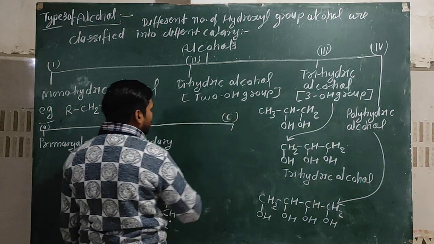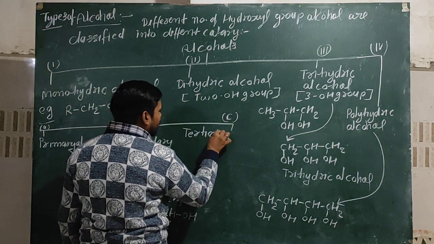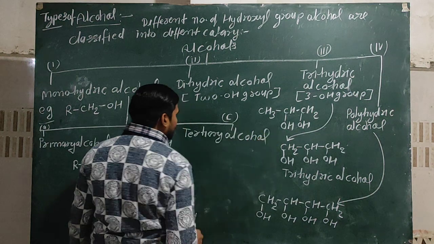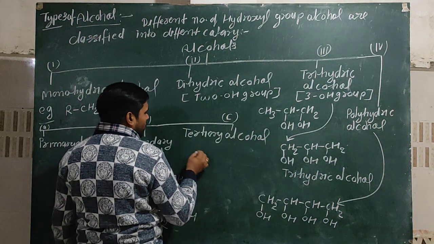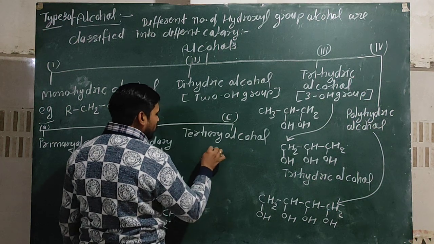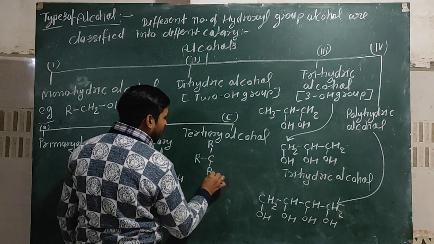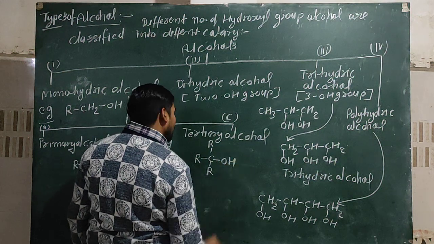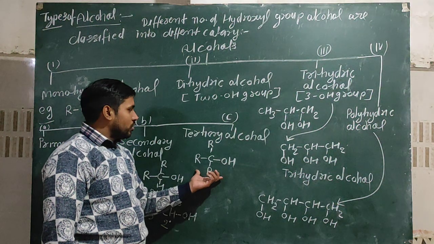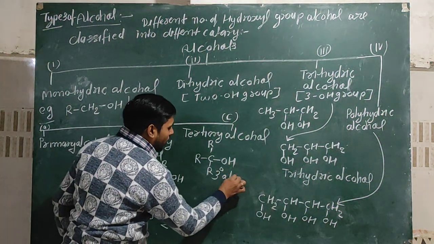You can see here the name tertiary alcohol, and these alcohols are those in which a 3 degree carbon contains the OH group. Then it is known as tertiary alcohol or 3 degree alcohol.